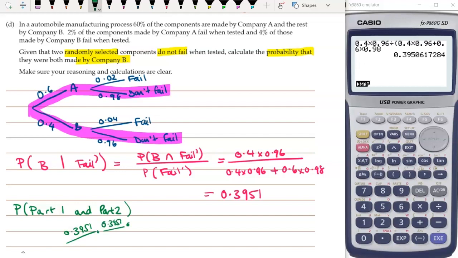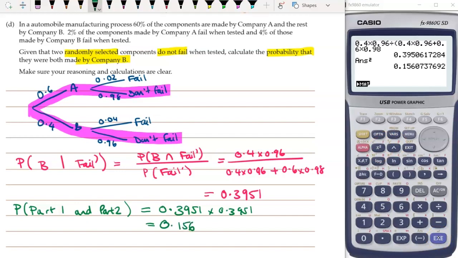So we've got two components, both of them had this chance of 0.3951. So if we were working out that probability, we would times those two together. So if we square that answer, we get 0.1561.